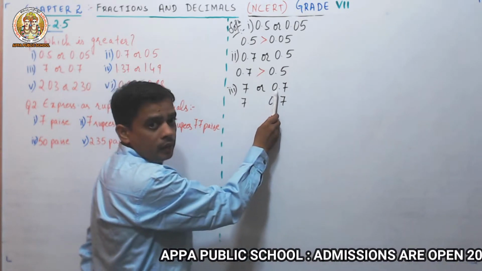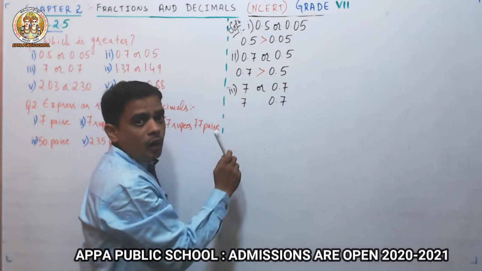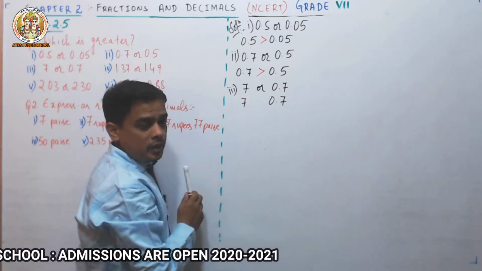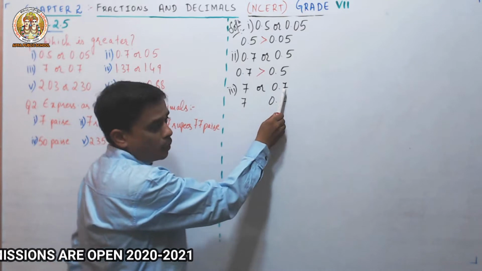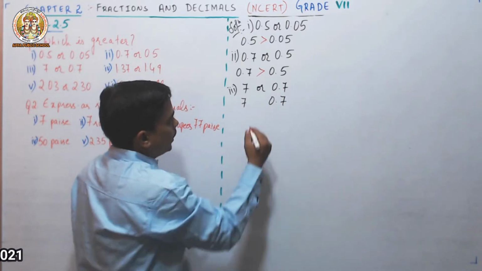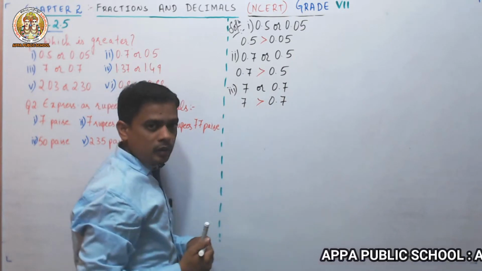Here we have only a whole number, an integer, 7, and here I have a decimal. Is 7 greater or 0.7 greater? By seeing these numbers, I will write that 7 is greater than 0.7.